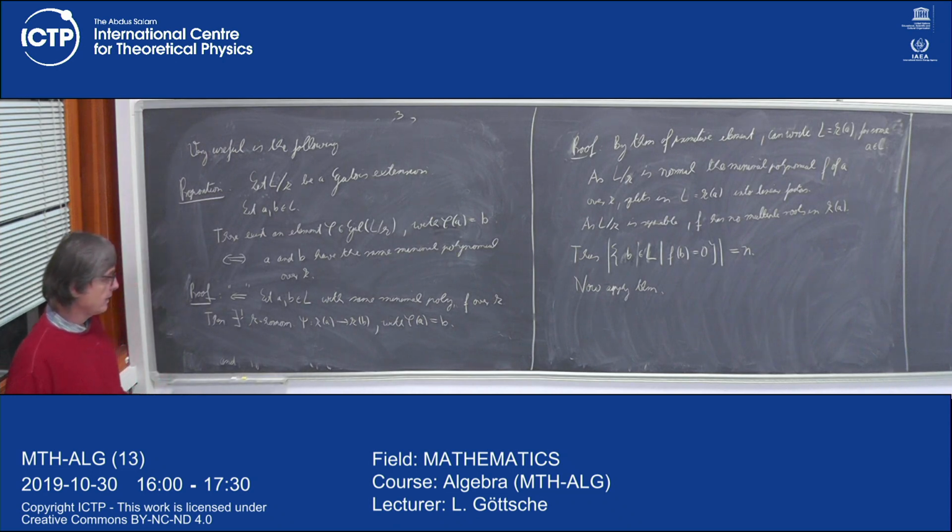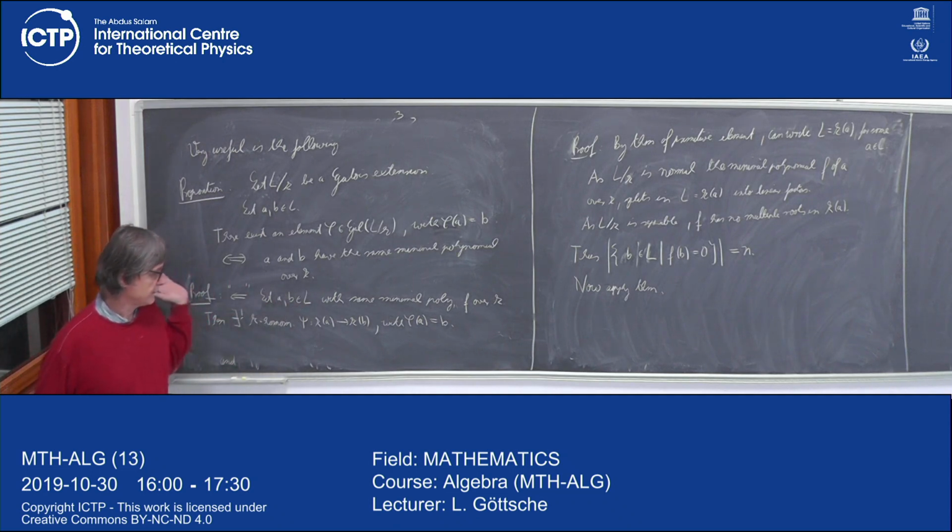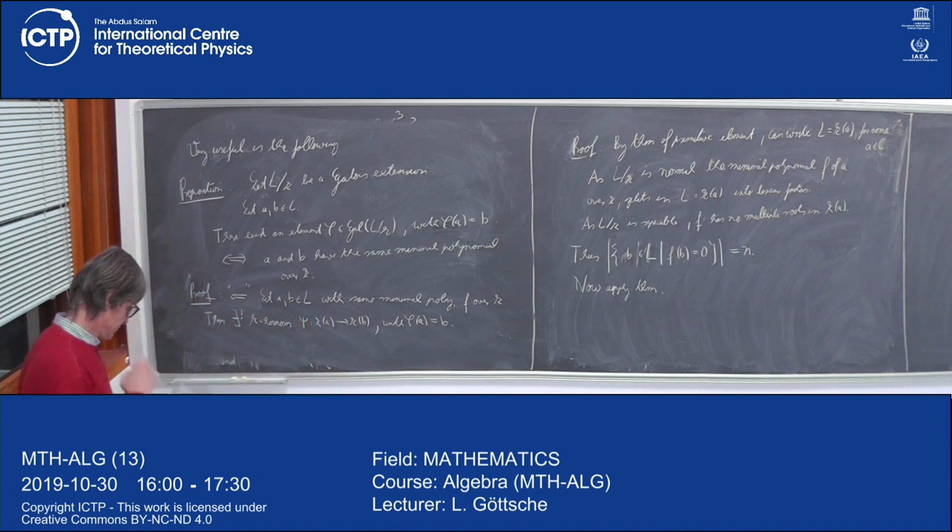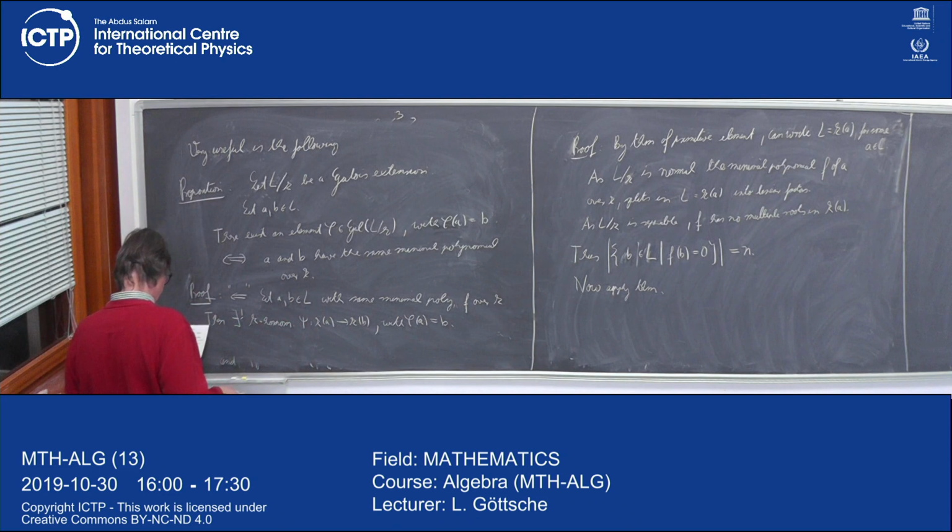And now we want to extend this. It's clear that we can extend this to an element in the Galois group of L over K, because L is both the splitting field of something over K(A) and something over K(B). So let me just say, L over K is a Galois extension, so in particular a normal extension.